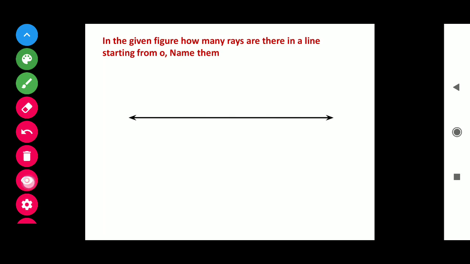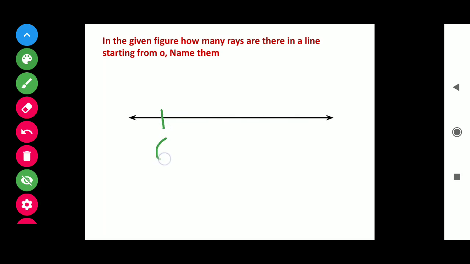Now in this figure, how many rays are there in a line starting from O? Name them. This is question number 9, on page number 70 of the textbook. Here I have already drawn a figure, so I am going to give some names.